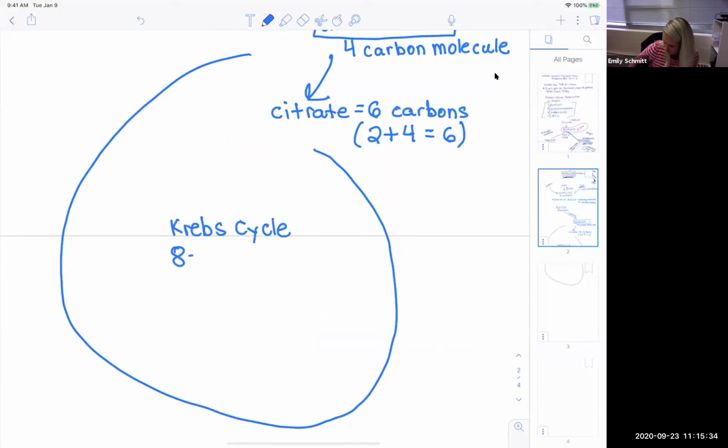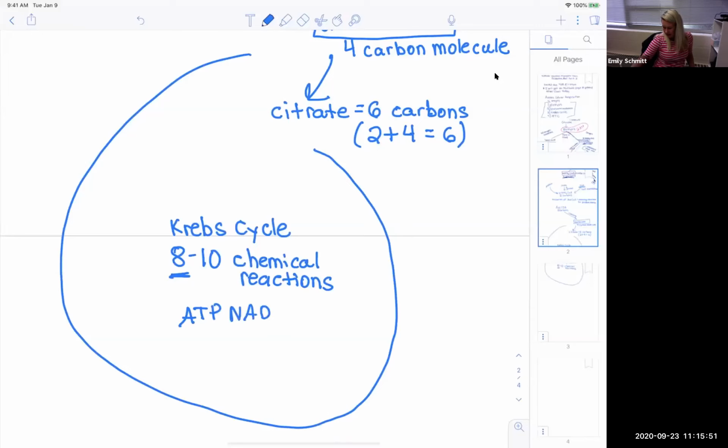So we said that this is about 8 to 10, I think our textbook says 8, chemical reactions to produce ATP, NADH, and FADH. So we want to produce this ATP, NADH, and FADH so that we can have these energy-rich electrons that are going to go down into the electron transport chain.